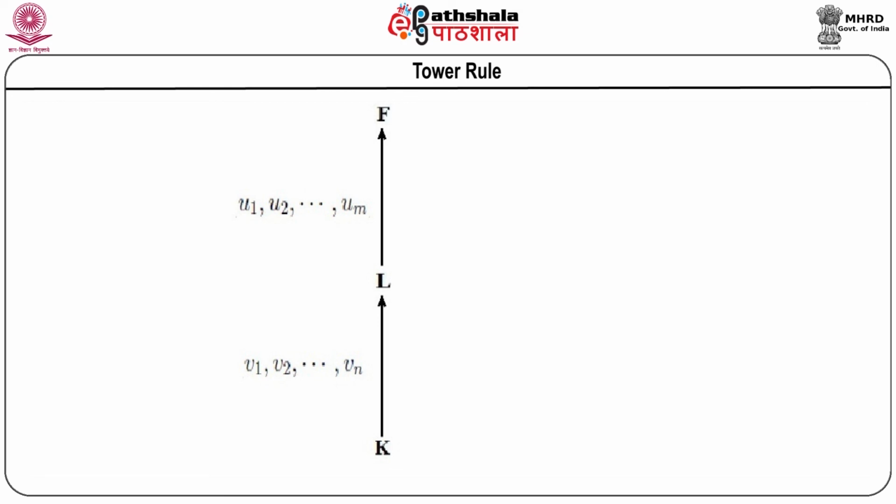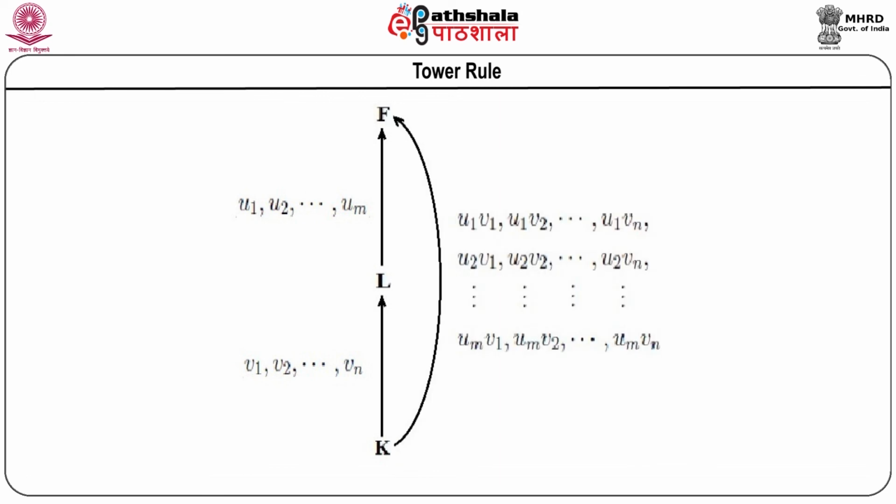Then you will get a detailed proof in the E content of the result that u1v1, u1v2, ..., u1vn, u2v1, u2v2, ..., u2vn, and so on up to umv1, umv2, ..., umvn becomes a basis of the vector space F over the field K, and thus it follows that the degree of the extension F by K is m times n, and hence the result follows.